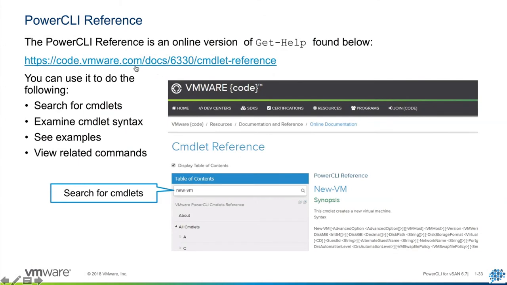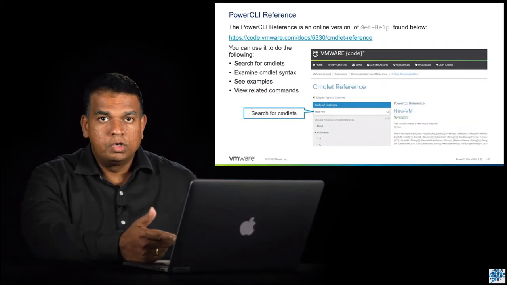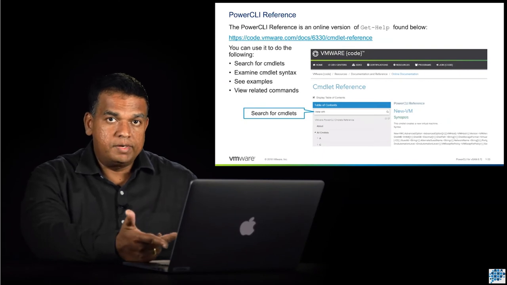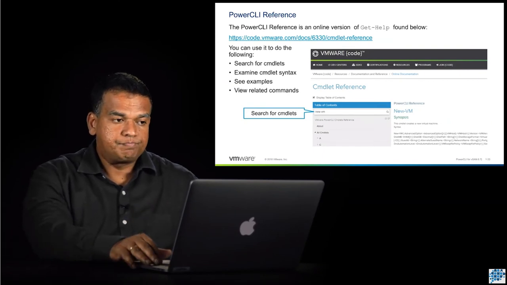If you go to code.vmware.com and look at the cmdlet reference, you can look at it for a particular release of PowerCLI. Here I'm looking at this reference guide, and you can search for any cmdlet which you don't know how to use, or probably you want more information on that particular cmdlet.